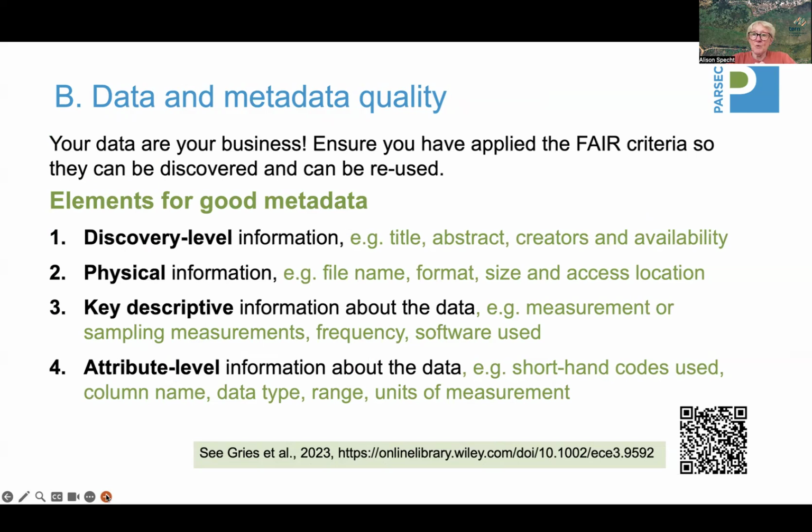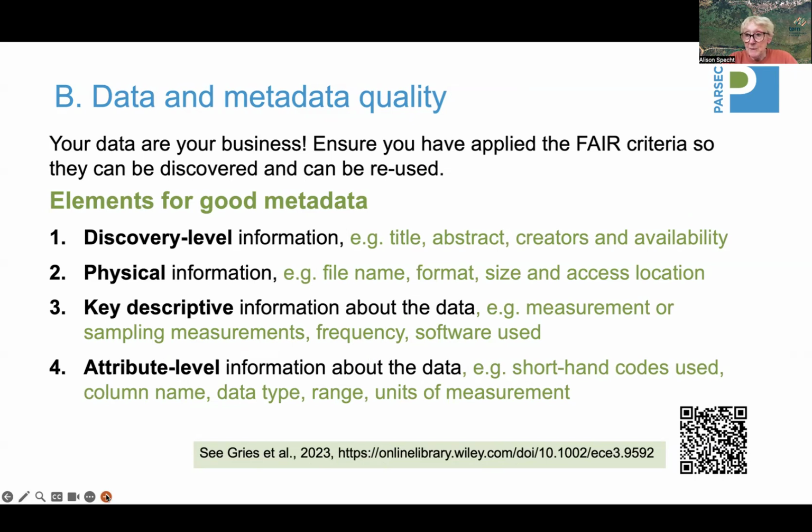So for reuse you could discover it by a few keywords, of course, but to be actually discovered first, title, abstract, creators, and availability. So you want that first. And this has been nicely outlined in Gries et al. in 2023, whose link's below.